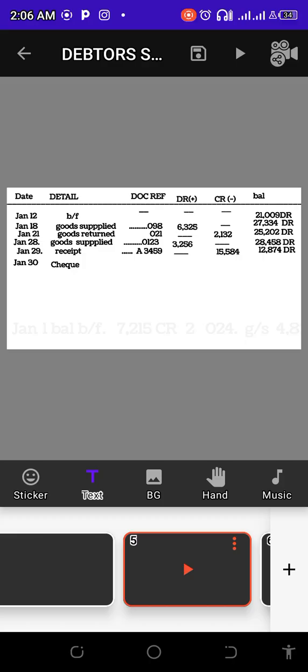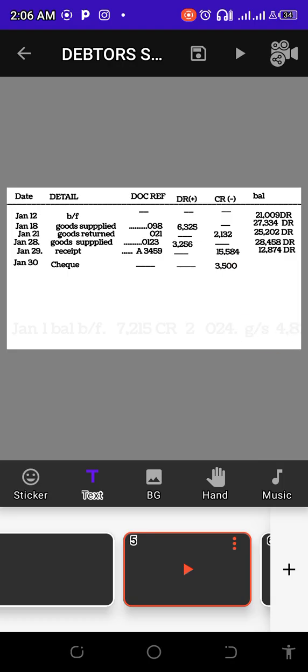Now, by January 30th, a check was issued by XYZ in favor of Don Zion and Co. And that check will be by what? At the credit side, as it reduces the amount that XYZ and Co is owing.